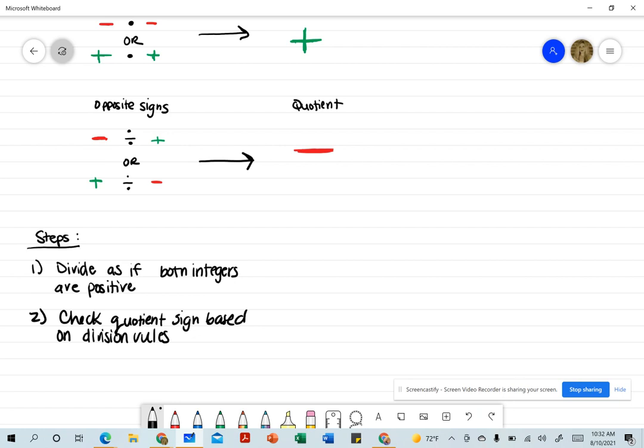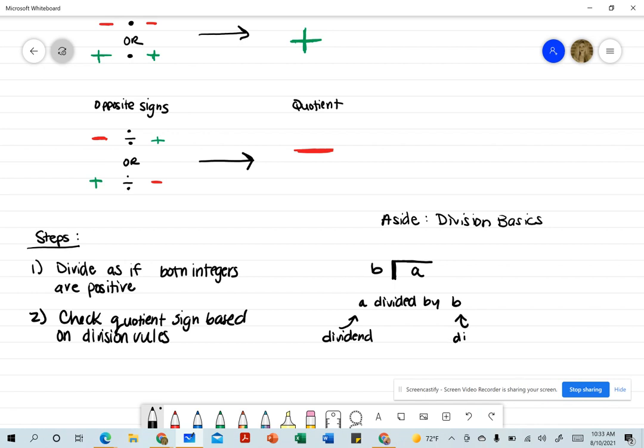So, an aside that I think is really important that we need to know as well is some division basics before we go. So the first thing is, if you set up a long division problem, right? Let's say it's A and B. This reads as A divided by B. What is A in this case? A is called the dividend. B is called the divisor.